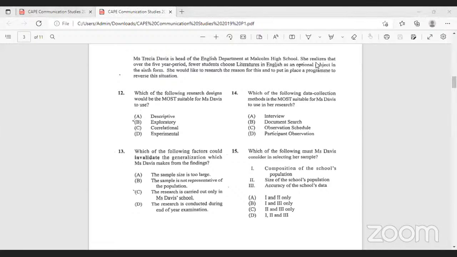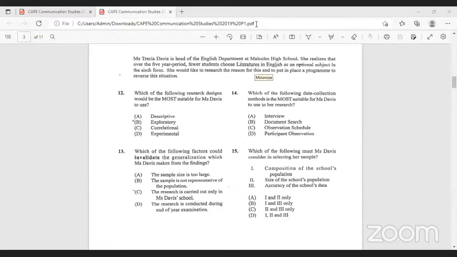So on number 12, which of the following research designs would be the most suitable for Miss Davis to use? Is it descriptive, exploratory, correlational, or experimental? Say C, correlational.